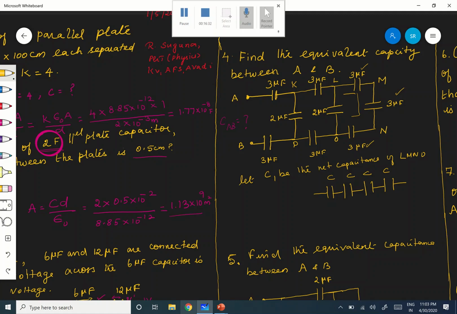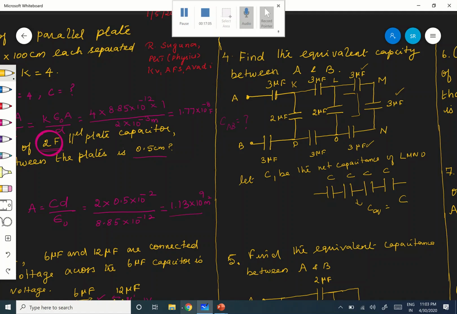How many are there? 4 capacitors of the same capacitance are connected in series. Therefore, what is the equivalent capacitance? There is no need to go for any calculation. 1 by C equivalent is equal to 1 by C plus 1 by C plus 1 by C. But no need. If all are the same capacity, you can very easily find it. If they are different, C1, C2, C3, then you have to calculate.